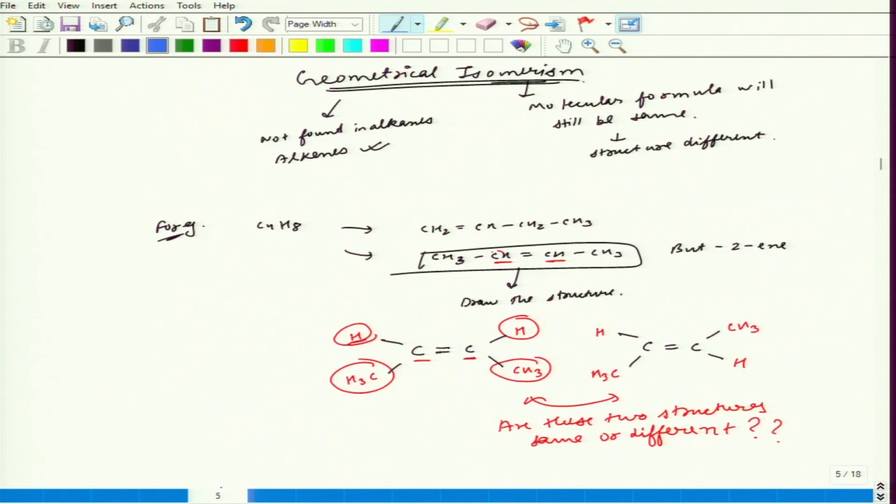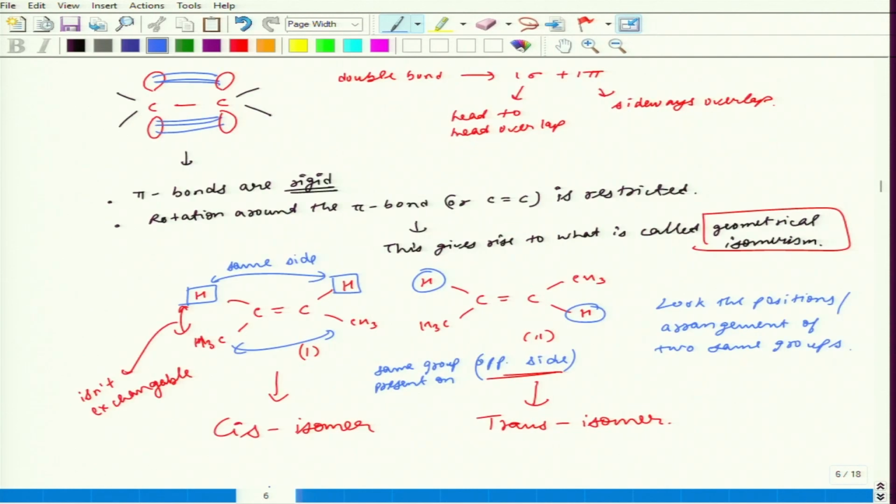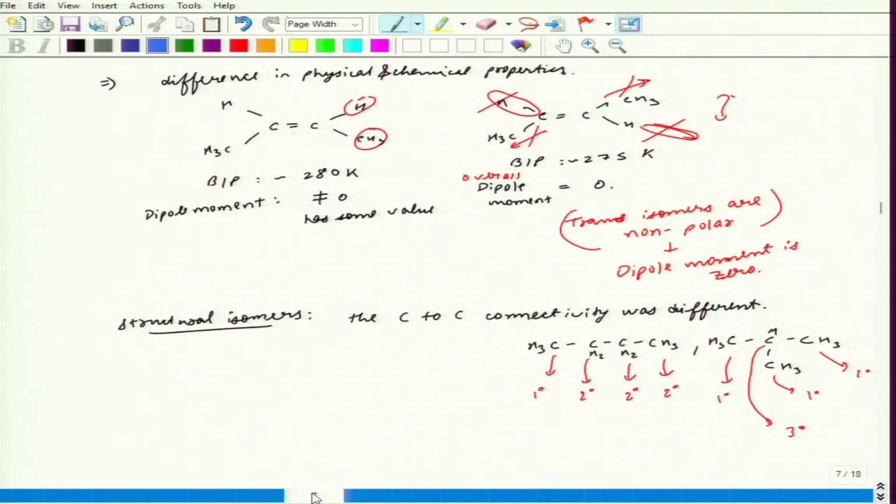As the bond to bond connectivity is same, meaning hydrogen and CH3 are present in the same group in both the cases, what is different? The position in the space, the position of the methyl group and hydrogens are different with respect to the position of another hydrogen and CH3 group attached to the second carbon. So, when an isomerism is due to the difference in position of the substrates attached in the space, it leads to the formation of stereoisomers.